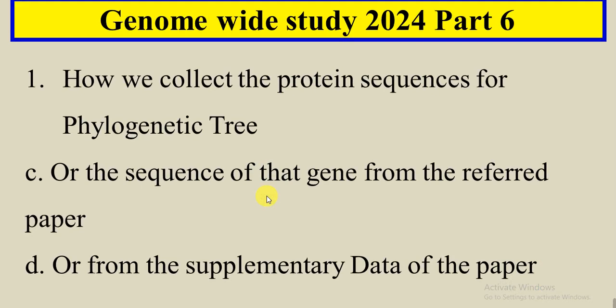Then, if the sequence of that gene is from a referred paper, number one, we have to find it from the NCBI by giving its gene ID or transcript ID. Also some papers give the sequence of that gene, and it is present in the supplementary data of that paper.